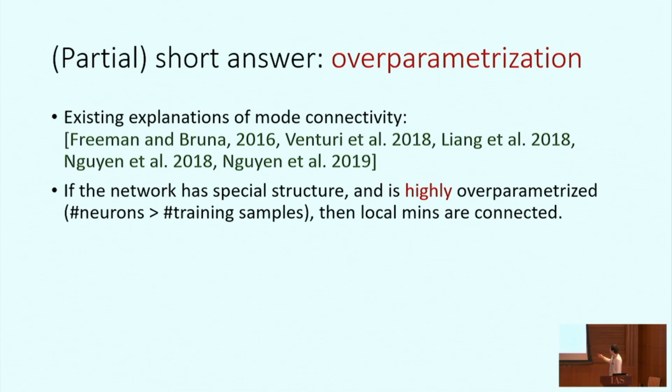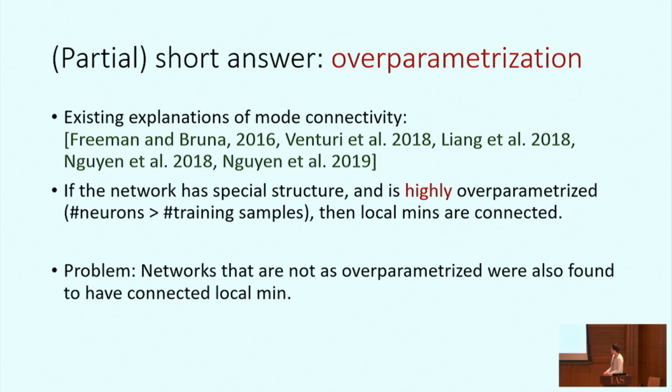But here, what's important is that they rely on the network being highly overparametrized. That means the number of neurons needs to be at least as large or even larger than the number of training samples. The problem with this approach is that neural networks in practice are not as overparametrized as these papers require.